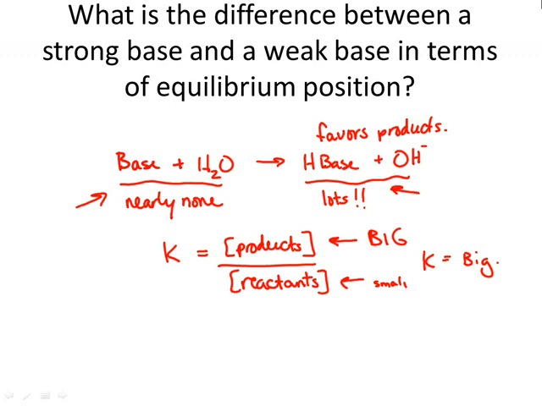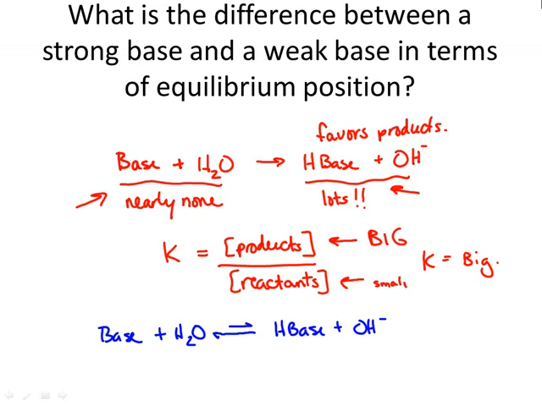Now, if we talk about a weak base, it's the same reaction, only this time it doesn't really go very far to the products. In fact, it favors reactants because a weak base doesn't really do much with the water. It might do a little bit of making a hydroxide, but not much.